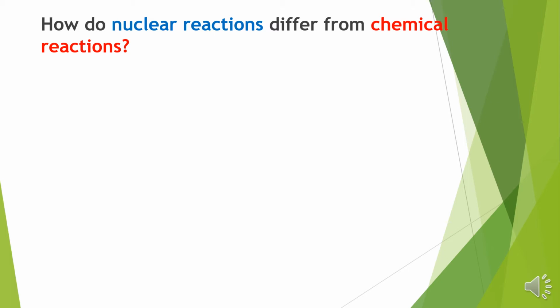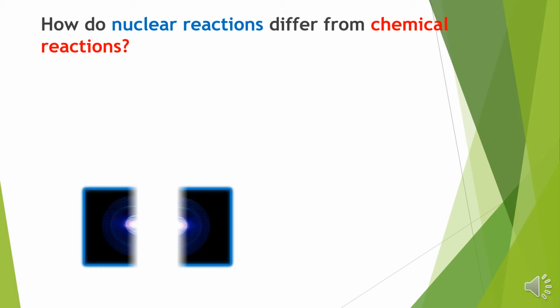Now, we want to first see the difference between nuclear reactions and chemical reactions. So how do nuclear reactions differ from chemical reactions?